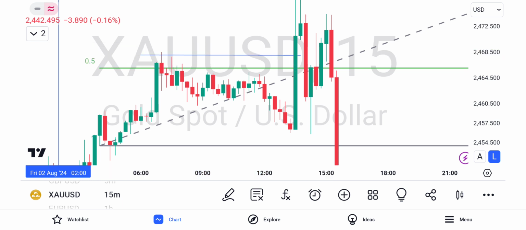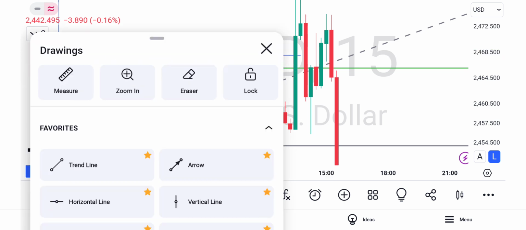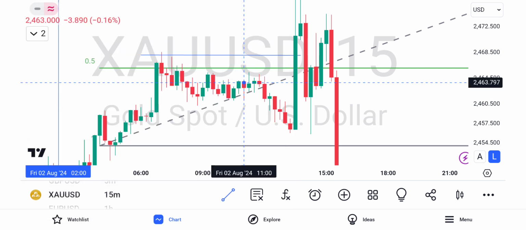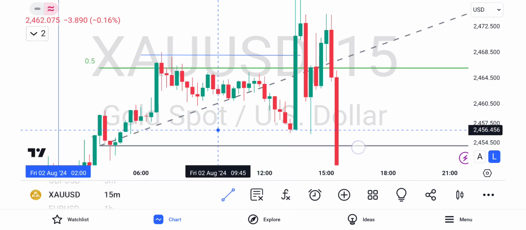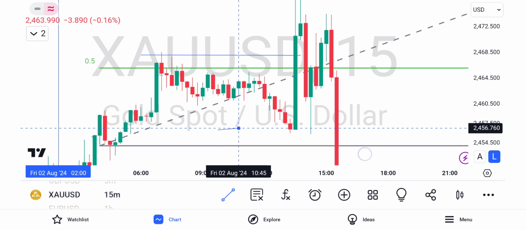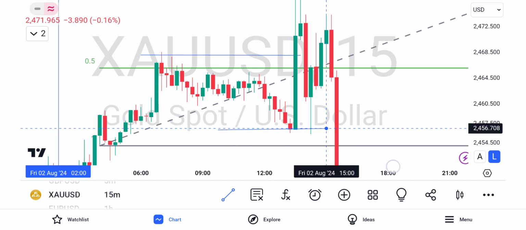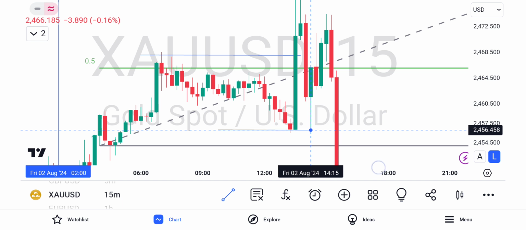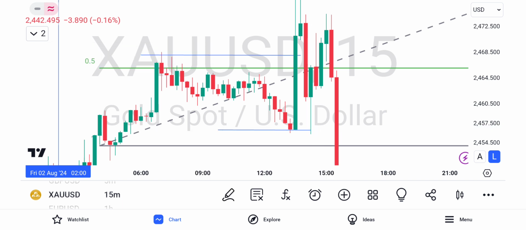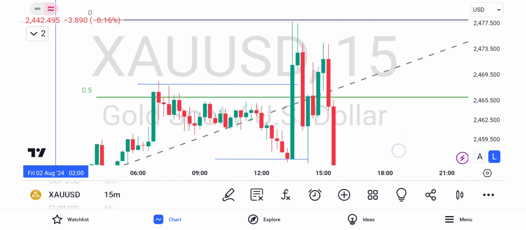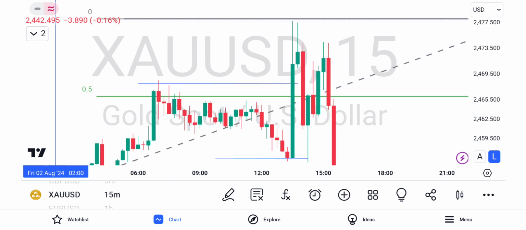All right, the break of structure. A change of character. And then the retracement back to an order block.